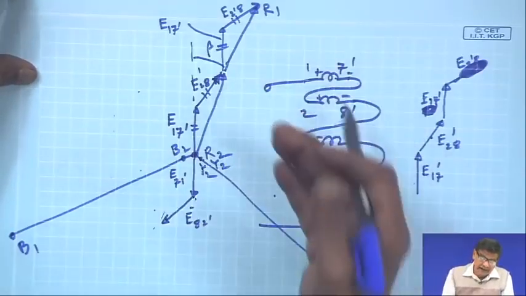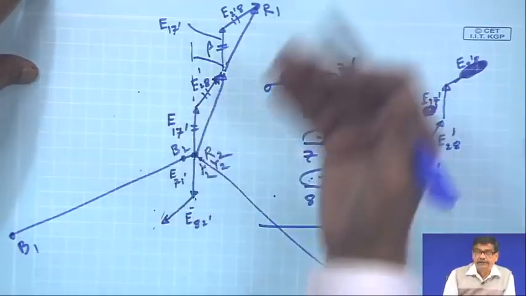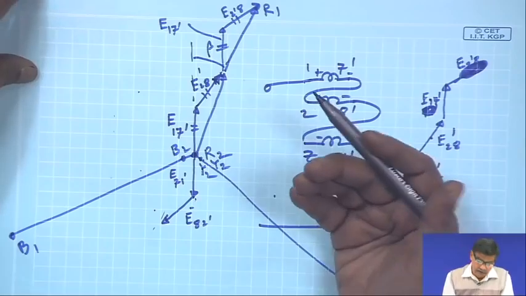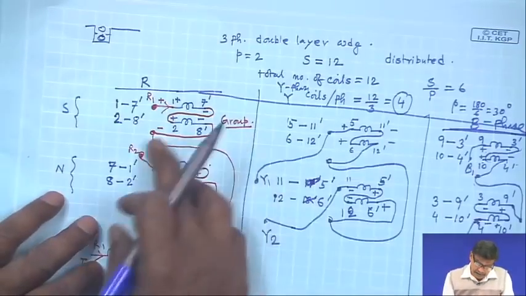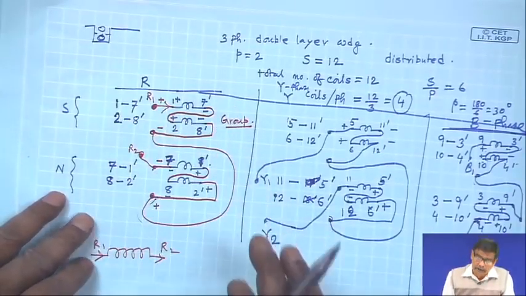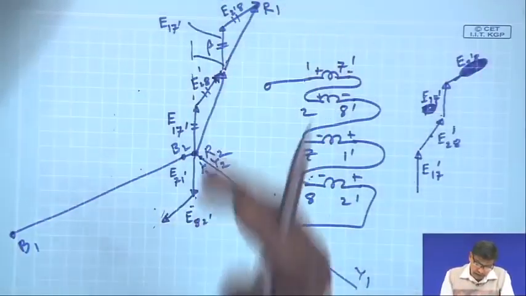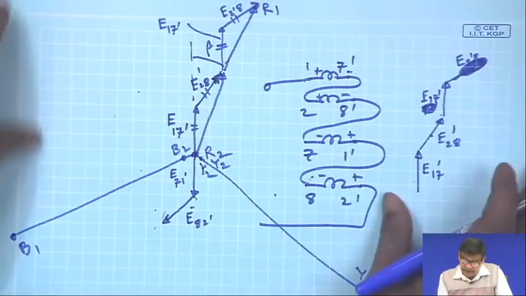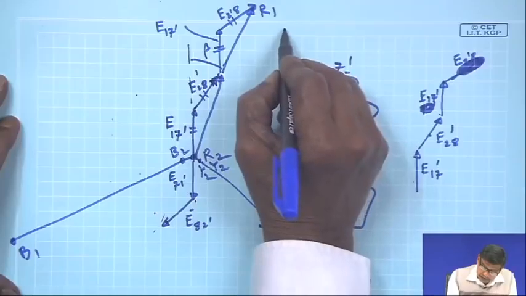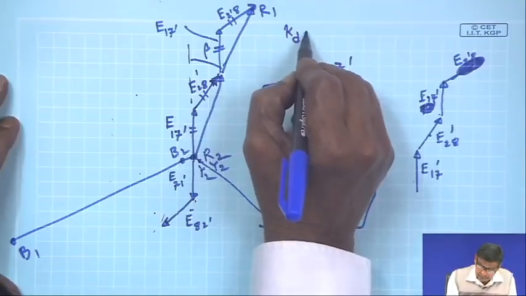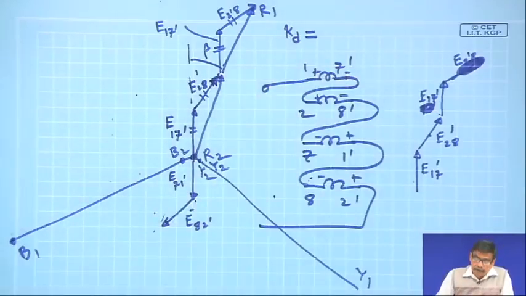Therefore, in phasor diagram also you see that reversal is necessary. You cannot blindly go on adding this in series to get the R phase voltage. Okay. So, this is how. Now, suppose I want to calculate the distribution factor of this winding.